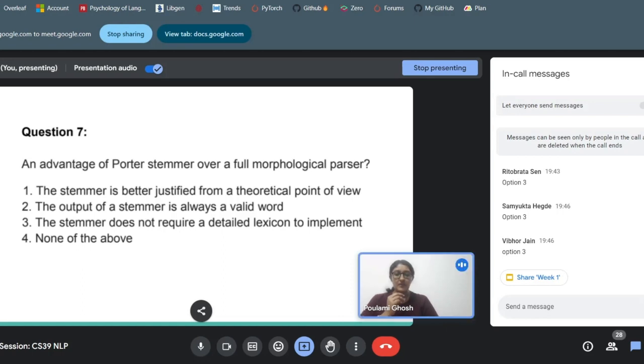Yeah, so lexicon would be sort of a dictionary. Growing up, we used to refer to dictionaries to understand the meaning of words, right? So from a high level, that is what a lexicon would be, a dictionary containing words. Okay, thank you, ma'am.